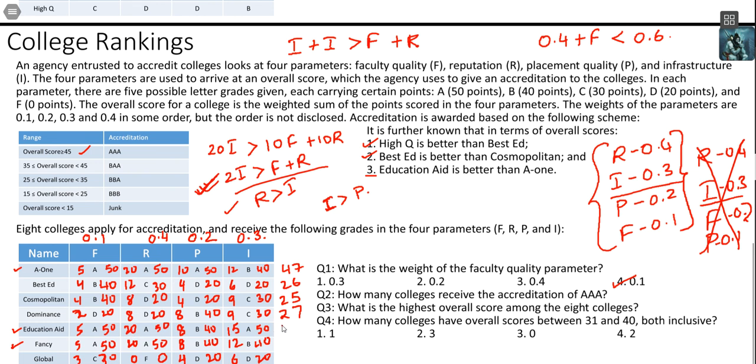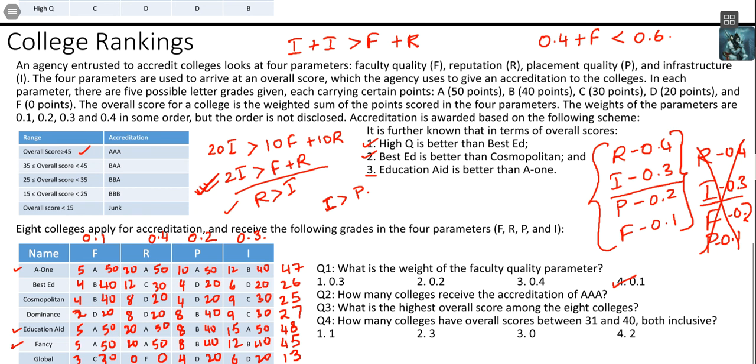So I get 48 in education aid. For fancy, I get 5, 20, 25, 8, 12, 20. So I get 45. For this, I get 3 plus 0 plus 4 plus 6. Oh my god, this is a terrible, terrible school. 13, junk.